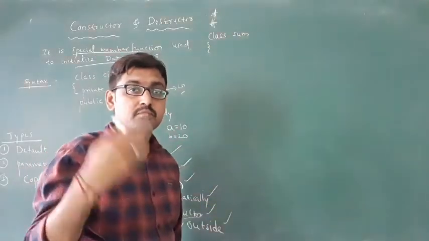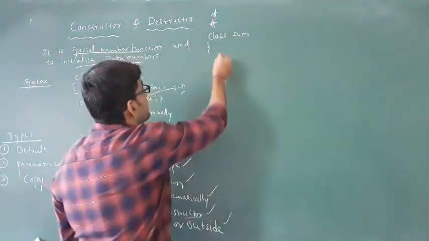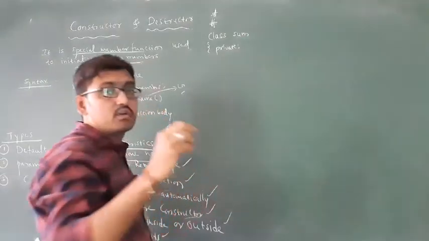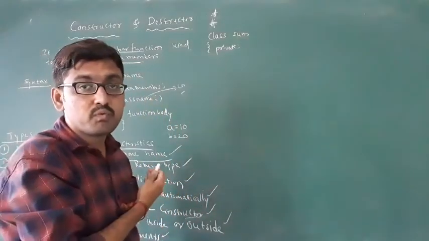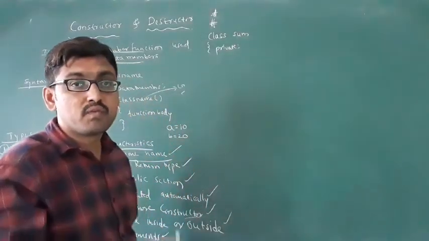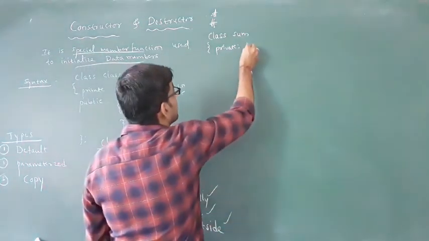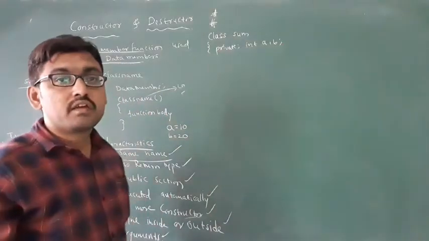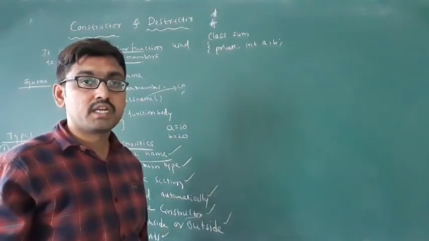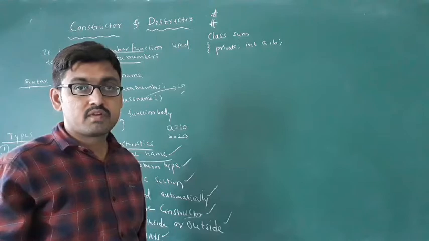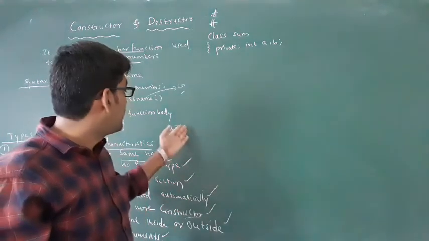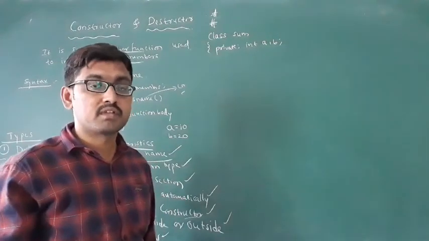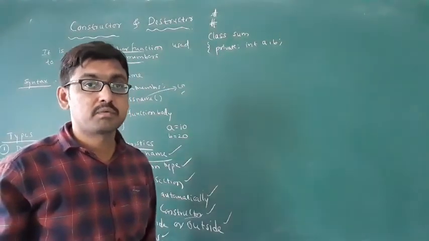Then in the private section, I want to display 2 numbers, which means we want 2 variables. So I am taking in private int a, b. Because I want to display 10, 20, 2 numbers, I am taking 2 variables. Variables are nothing but data members.